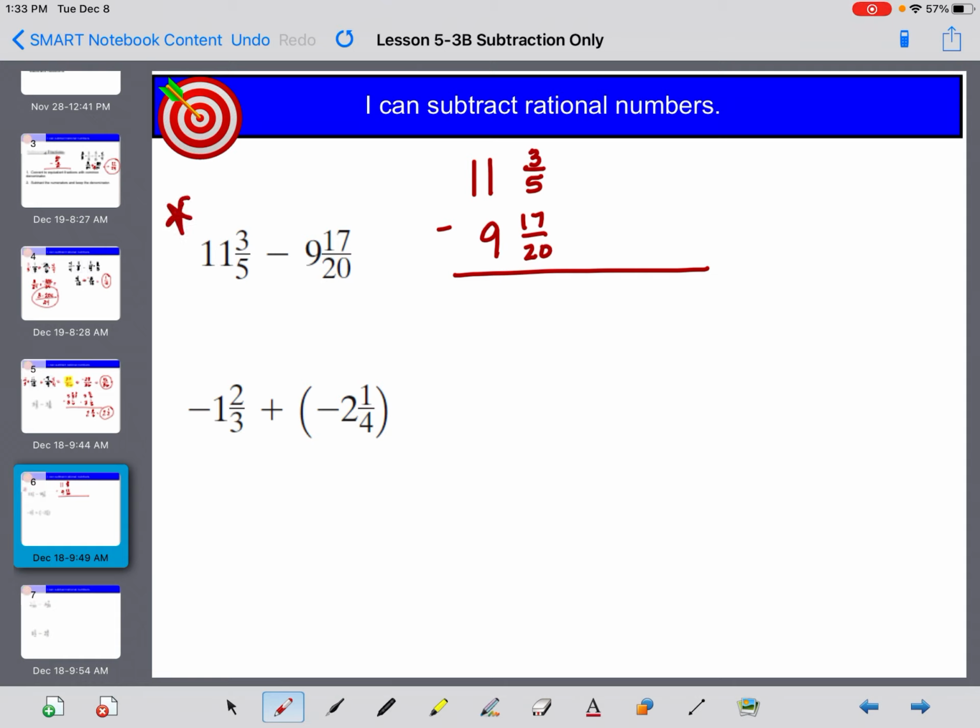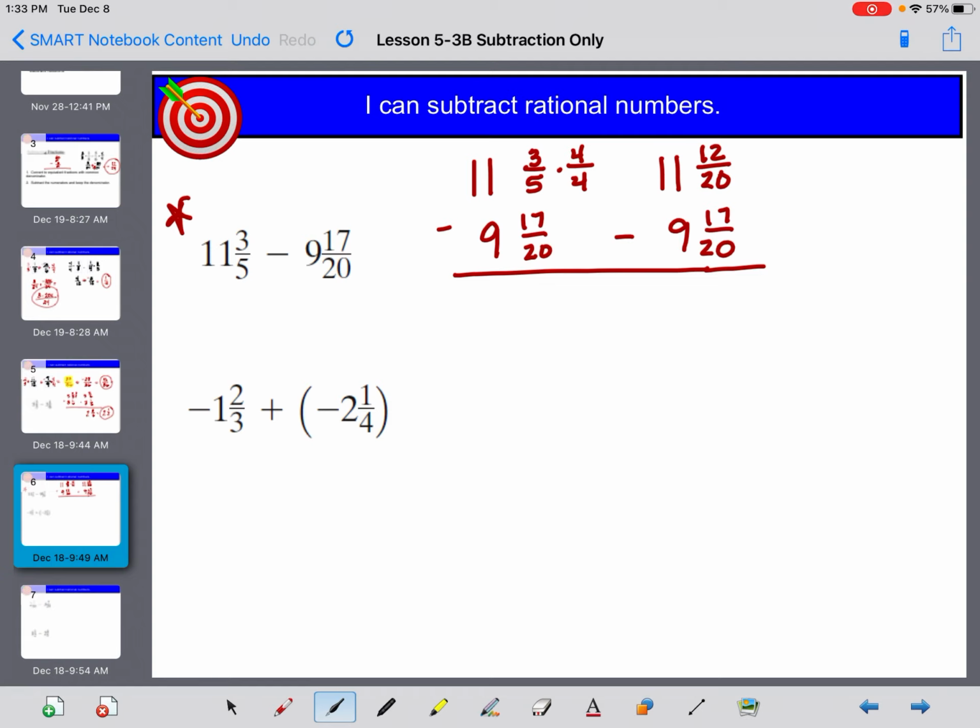Let's put a star by this one so you know that this is a good example of one that gets a little tricky. When I find a common denominator, I multiply my numerator and denominator by 4. I rewrite my fraction as 11 and 12/20. And then my other fraction is still 9 and 17/20 and remains unchanged.